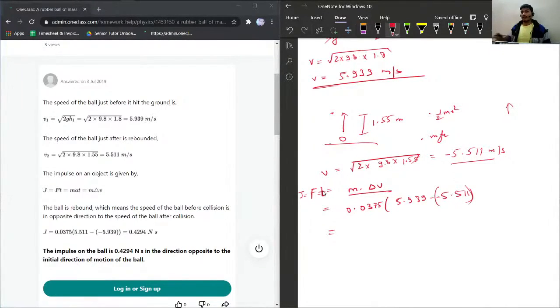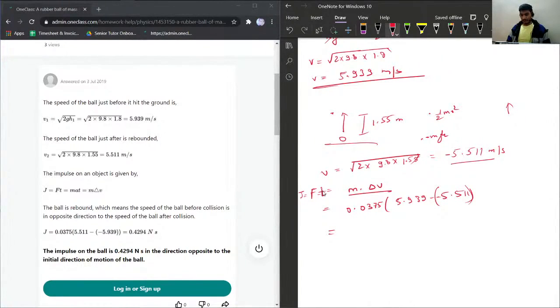The sign should be minus in this case, since it is overcoming the force. I'll just correct the mistake.